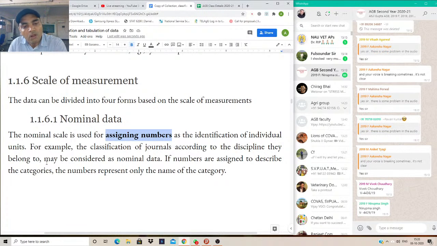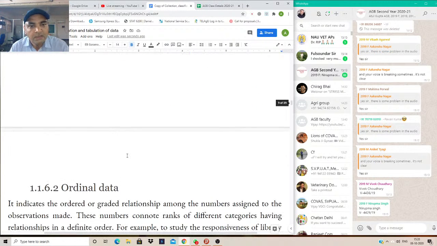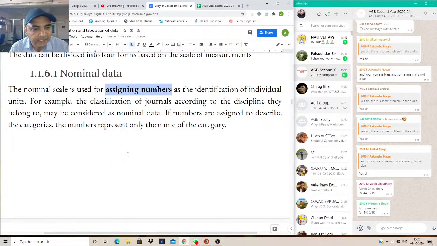Although there is no mathematical relation between those numbers with each other. It is not like that if one journal is given number 2 and another is given number 4, then 4 is 2 times the journal 2. Okay, so these are simply used for categorization. That is, making the category and representing it. That is what I have written here, that they represent only the name of the category.